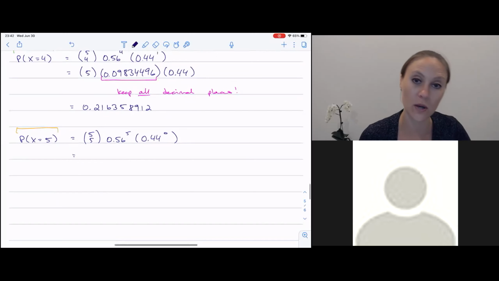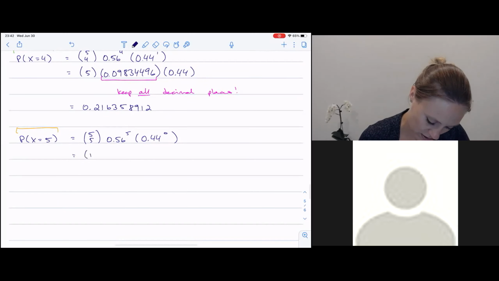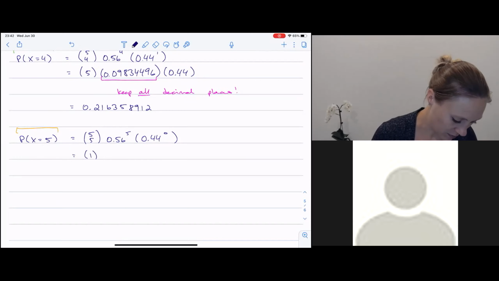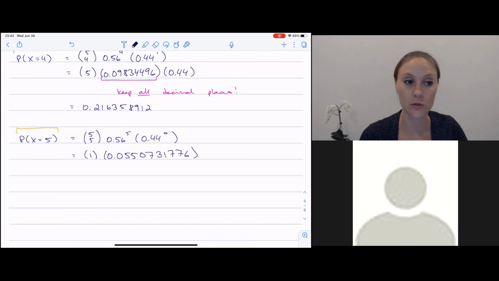There's only one way to have all 5 successes. So it's 1 times 0.56 to the power of 5 is 0.0550731776, times anything to the power of 0 is 1.